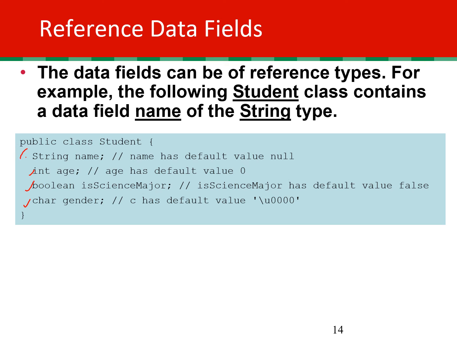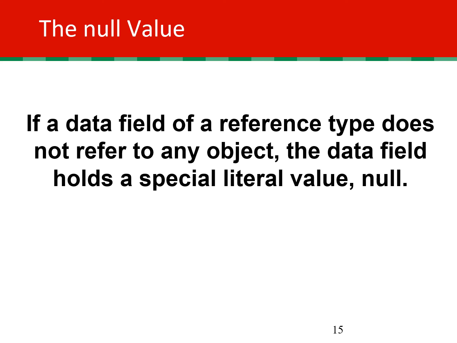String, if you still remember, is not actually a primitive value. It's an object reference. So you can have multiple. You've been using it without being aware. If a data field of a reference type does not refer to any object, the data field holds a special literal value, which is null.